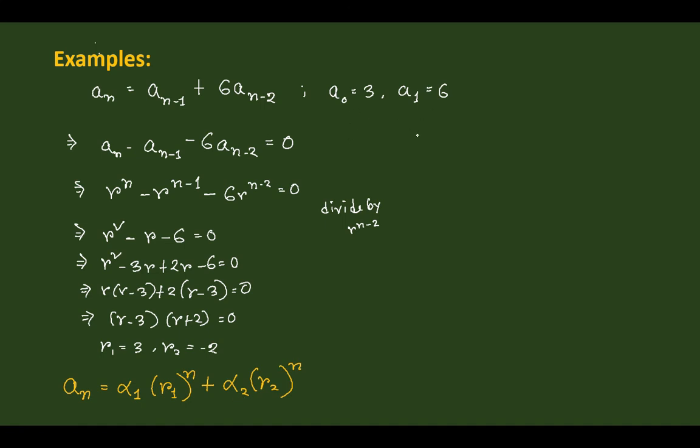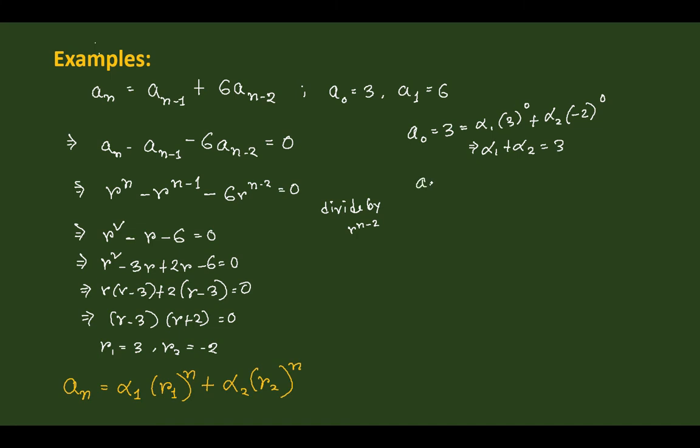So from here, a0, that is the value of n is 0. So a0 is 3. So if we put n equal to 0, then this would be alpha 1 times r1, the value of r1 is 3, to the power 0, plus alpha 2, the value of r2, which is minus 2, to the power 0. And this will result in alpha 1 plus alpha 2. So this is equal to 3.